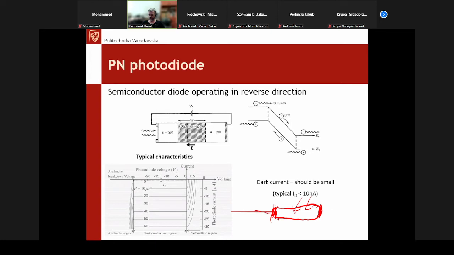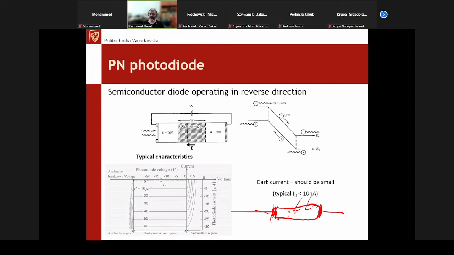Applying the light, of course, induces these electron hole pairs, allows us to change the resistance of this structure. Yeah. But they are extremely slow. The frequency of the operation for such a photodetector is extremely slow because of the nature. The same nature prevents us from using PN photodiodes in, let's say, high-speed applications.